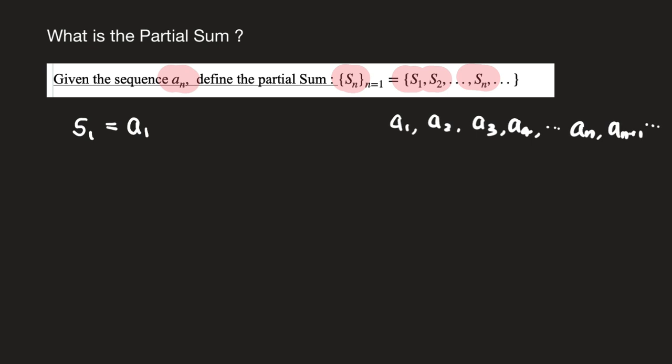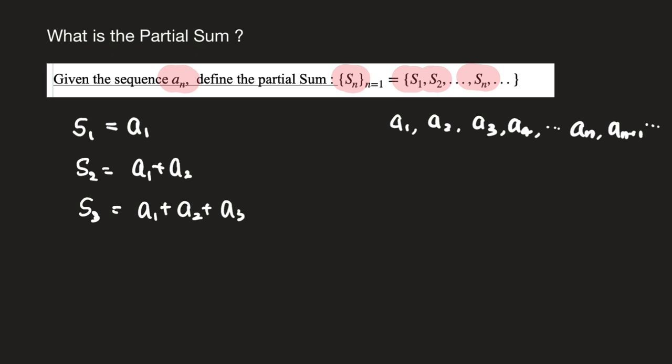So for the partial sums, S1 is A1, S2 is A1 plus A2, and S3, the third term of the partial sum, is A1 plus A2 plus A3. Okay, that's the definition of partial sum.